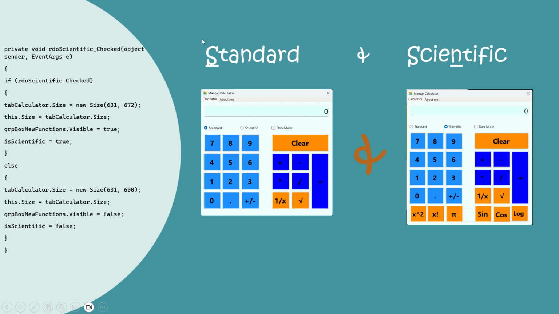For the standard form, I added ampersand s to use it from my computer keyboard, and for scientific, I made it n, not to be similar to s. And this is the code that I applied for resizing this page.